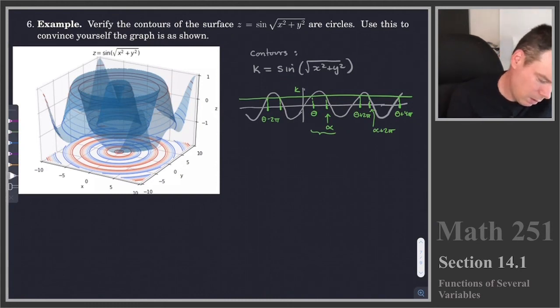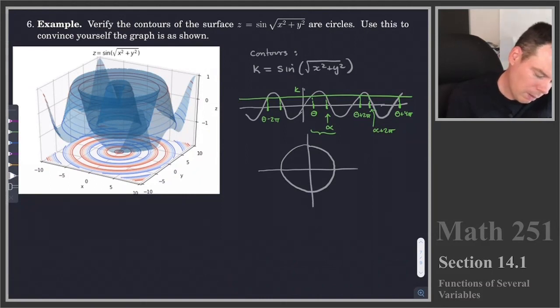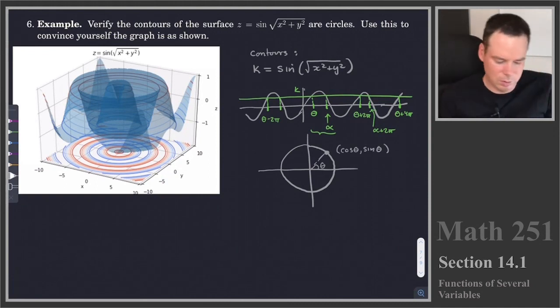Okay, now let's look at another view of what the sine function is. This is our unit circle view. And with our unit circle view, the idea is that given an angle, theta, the x value of this point is cos of theta, the y value is sine of theta. That's the definition of sine and cosine as functions.